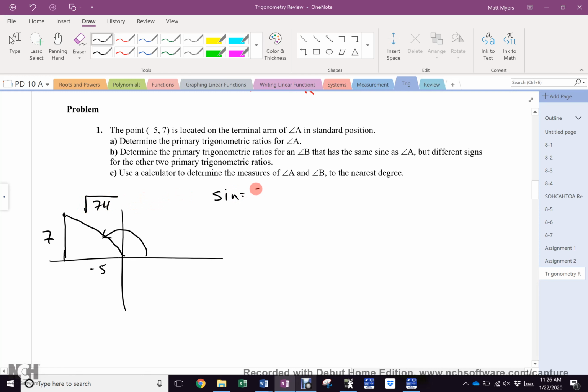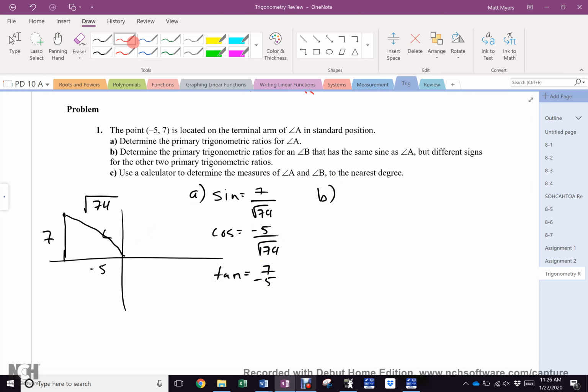So sine equals 7 over root 74. Cos equals negative 5 over root 74. And tan equals 7 over negative 5. That's A. B, same sign, but different signs for the other two.